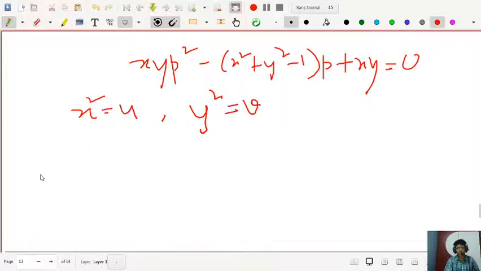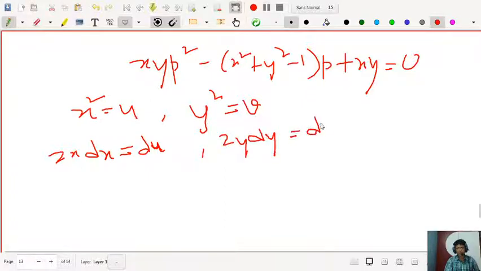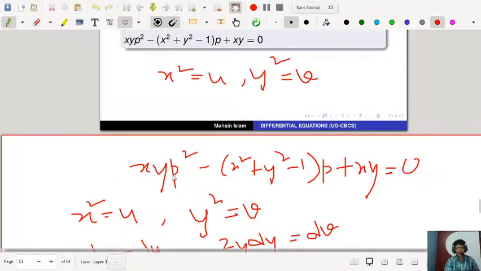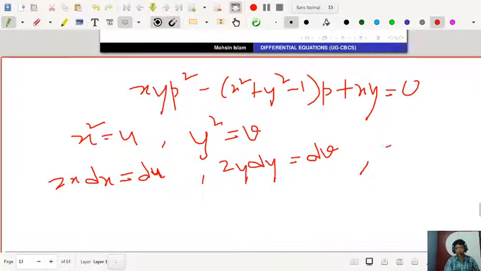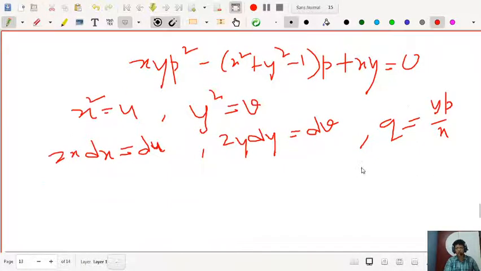So 2x dx equal to du and 2y dy equal to dv. Once again, as in the previous case, you can write q equal to yp by x, already calculated in the previous problem, and q is equivalent to dv by du.